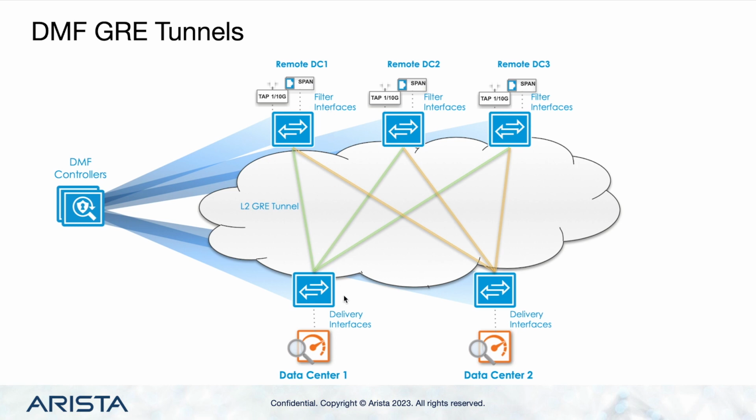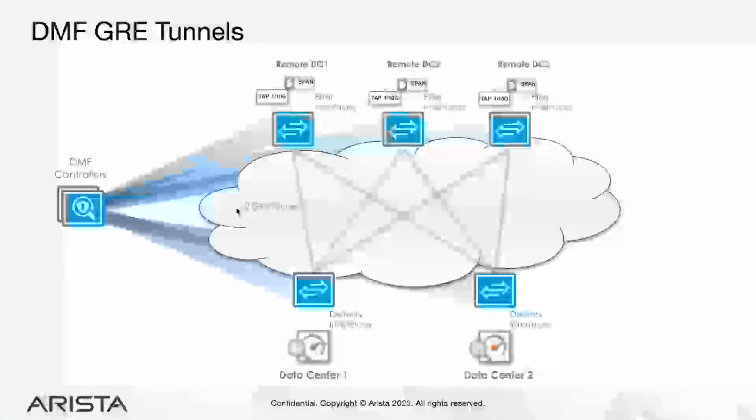And when I go to my delivery interfaces, my destination for the packets that make it through this policy, I can identify those delivery interfaces. They can all be managed in that one location through the same set of DMF controllers, which makes it a lot easier to build those policies and to manipulate and filter that traffic to find what I'm looking for. So again, those are GRE tunnels used as core tunnel interfaces.